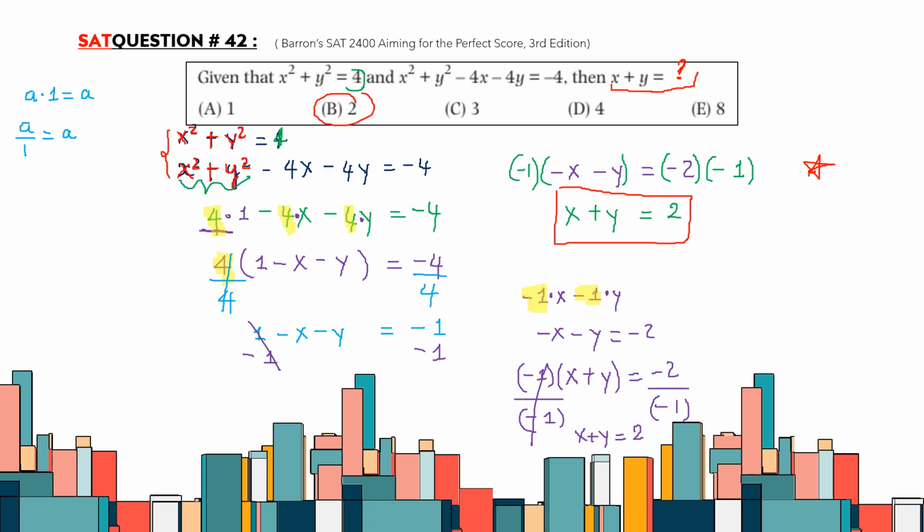Also, we can plug in, okay? It kind of takes more time, right? So if we have x plus y is 2, in this case you can take out the negative 4, x plus y, write this step. Then you have 4 right here, that equals negative 4, okay? This one is given. Then you just take out 4, the same concept, just a matter of which one you want to do first.